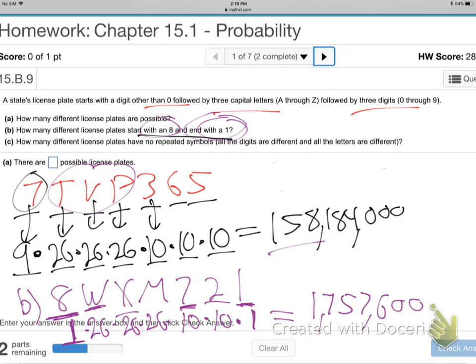Just pick a license plate that says part C. Pick any numbers and letters you want, but don't repeat anything. So actually do it. Write one out where you don't repeat anything. And then think back after you're done to the various decisions you made, and as you made that decision, how many options you had. Just multiply those all together.